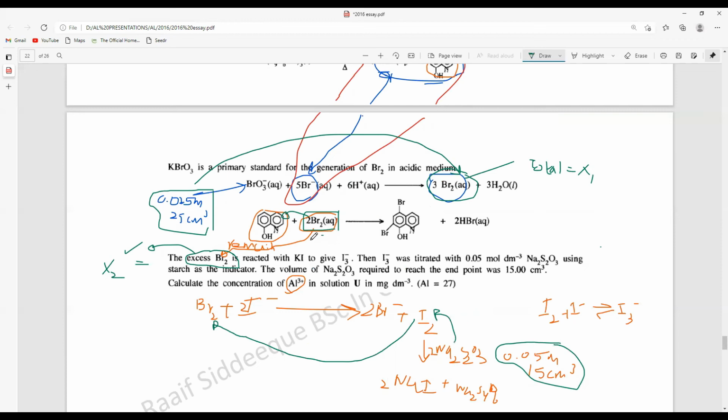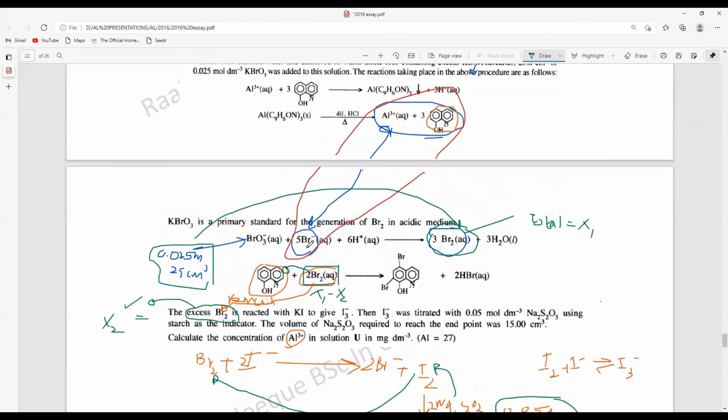So the reacted amount will be x1 minus x2. If you know this amount, you know the oxime amount, because it will be 2:1. So the oxime amount will be x1 minus x2 divided by 2, according to the stoichiometry.